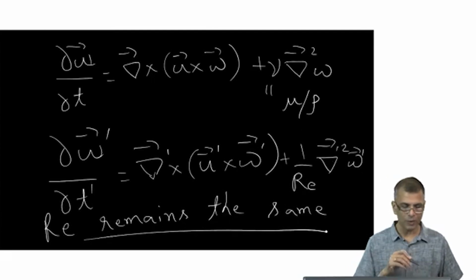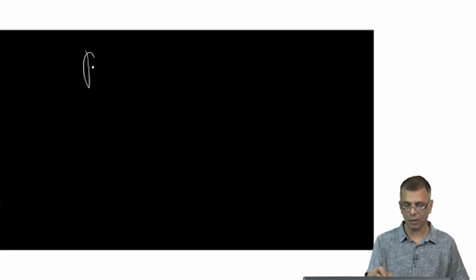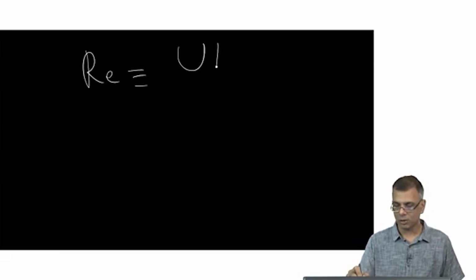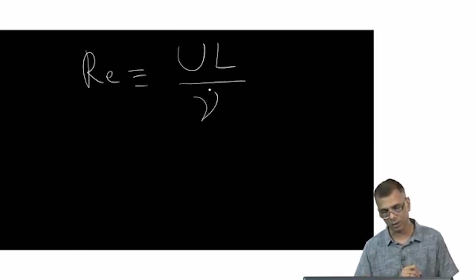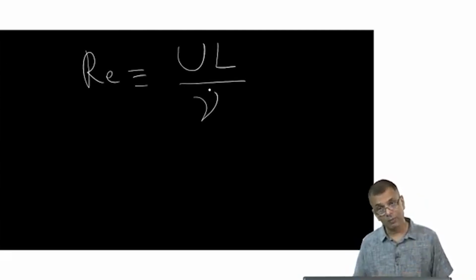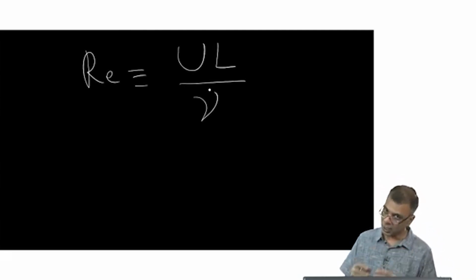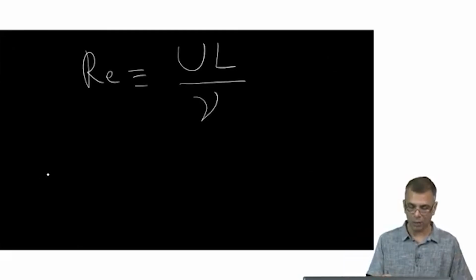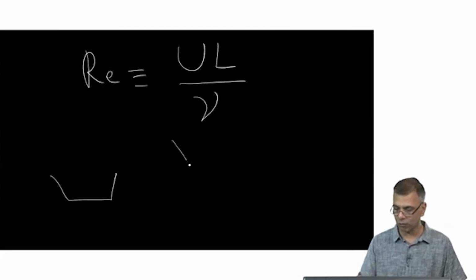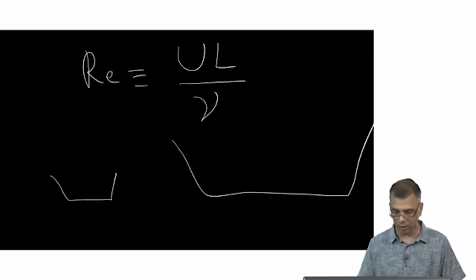And let's go back and look at the definition of the Reynolds number. It's worth writing this down yet again. Some macroscopic velocity times some macroscopic length divided by the coefficient of viscosity, right? So now we're talking about the situation where we insist that the dynamics of the flow will be the same in the two situations, i.e. one situation where you've got a miniature model of a ship, for instance, and the other situation where you've got a full scale model of the ship, right?